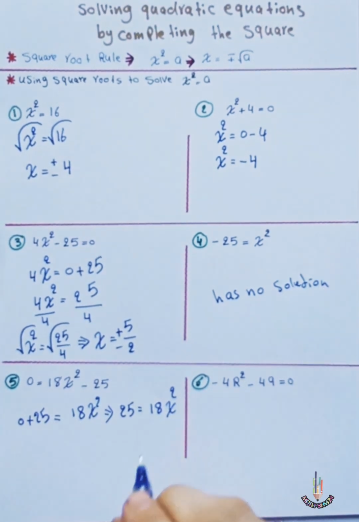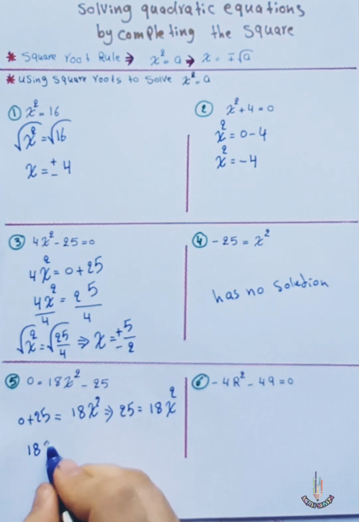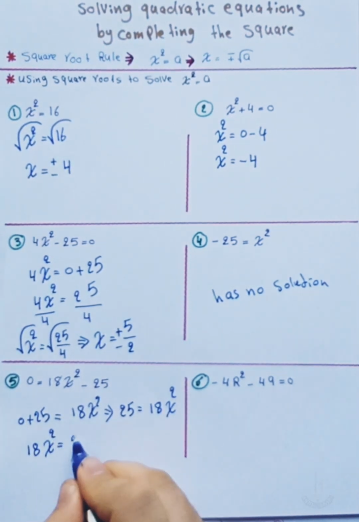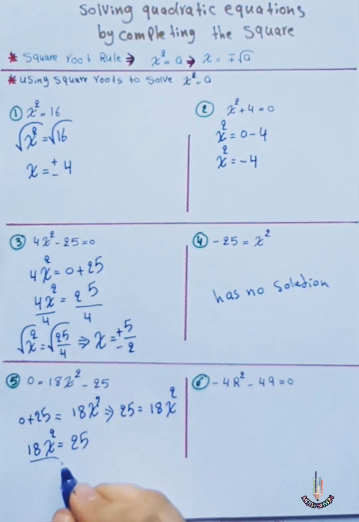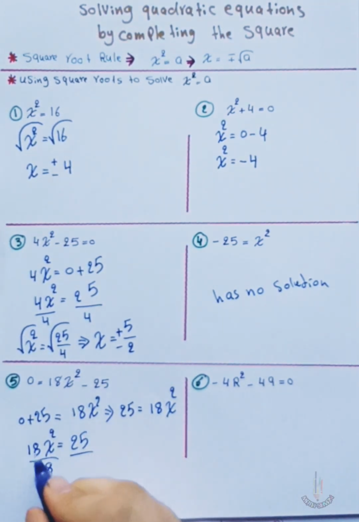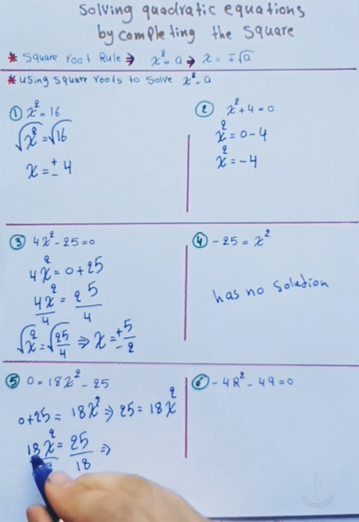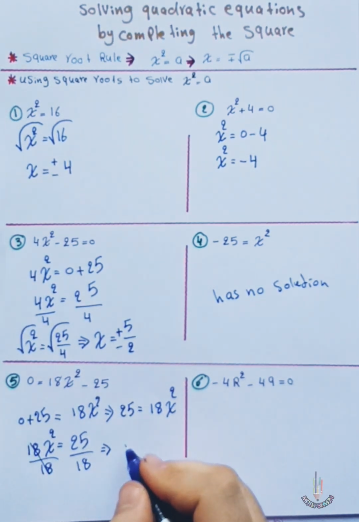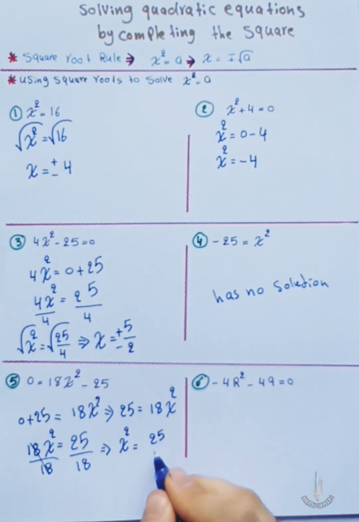We can rewrite this equation as 18x squared equal to 25. After that you have to divide both sides by 18 to get rid of this 18, so x squared equal to 25 over 18.